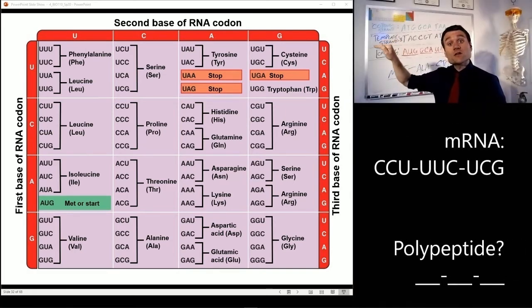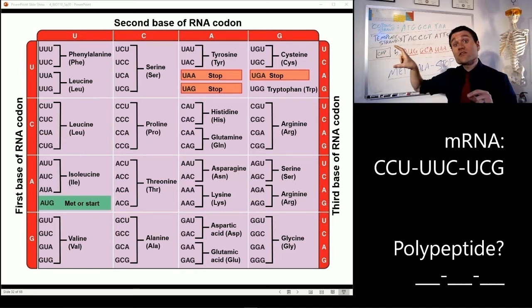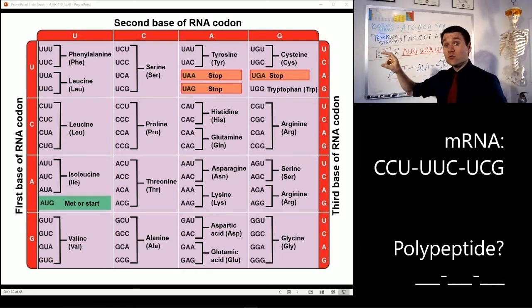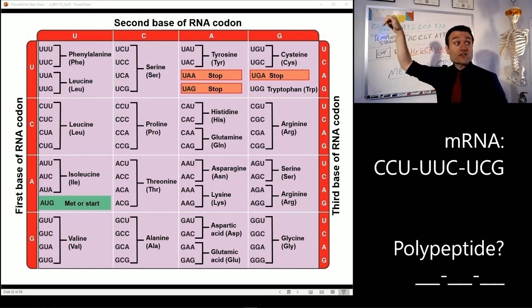Now, carefully look at how this chart is organized. Every codon that's labeled in this top row of boxes starts with the letter U, and then in the second row down, that's all of the codons that start with the letter C. In the third one down, it's all of the codons that start with the letter A, and then in the fourth one down, it's all of the codons that start with the letter G. Then it's organized by columns.